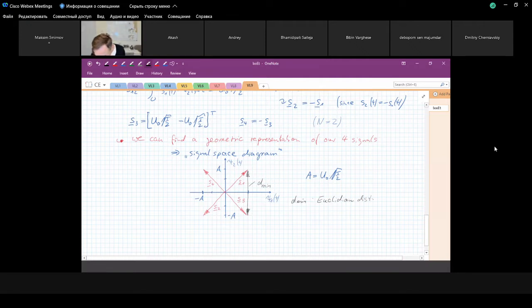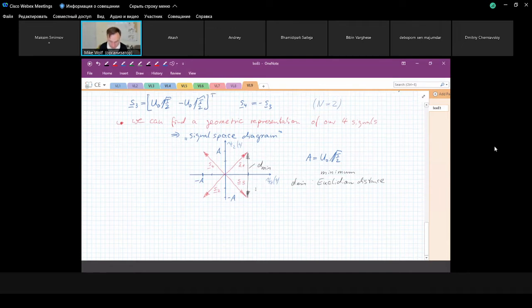But not the general Euclidean distance, it's the minimum Euclidean distance. And later we will see the minimum Euclidean distance basically defines our bit error probability if the received signals suffer from additive white Gaussian noise.